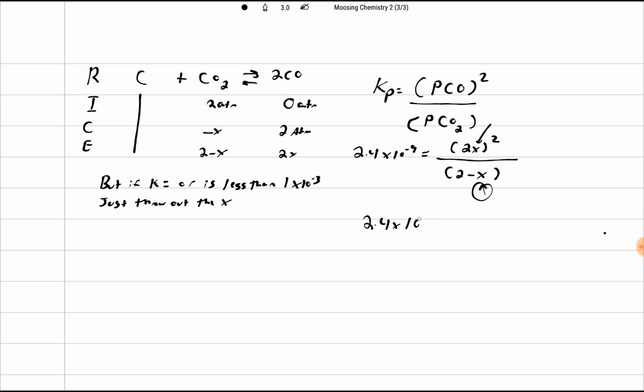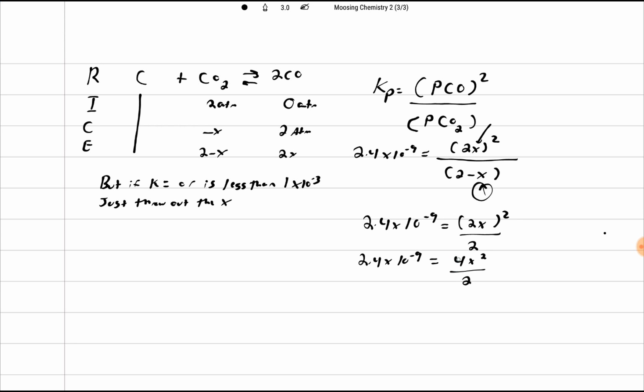So this is going to give me 2.4 times 10 to the negative 9 equals 2x squared over 2. So this gives me 2.4 times 10 to the negative 9 equals 4x squared over 2.